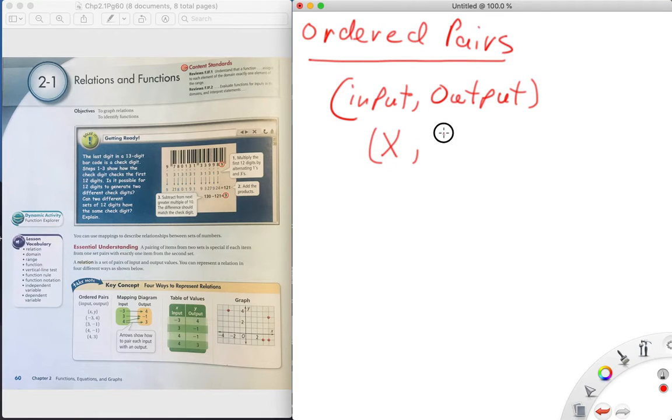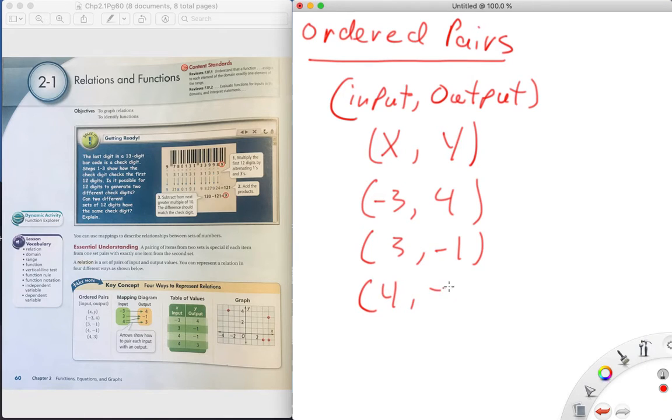In that you can put whatever you want: (-3, 4), (3, -1), (4, -1), (4, 3). That is one way of showing a relation.